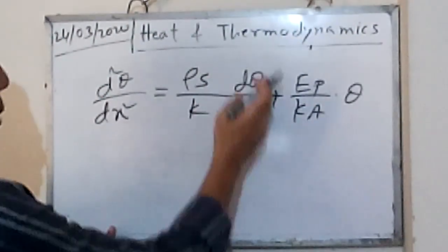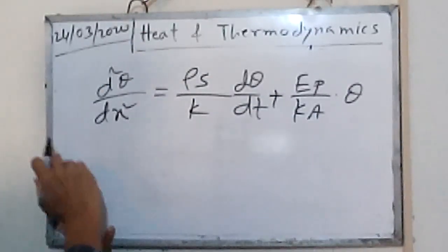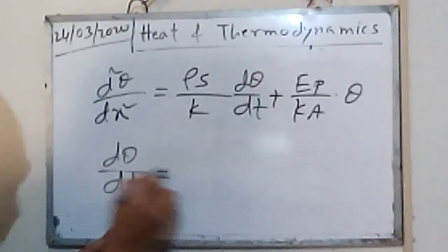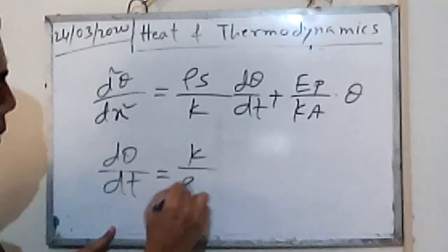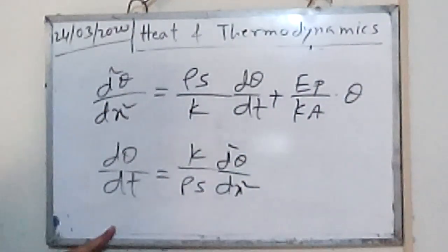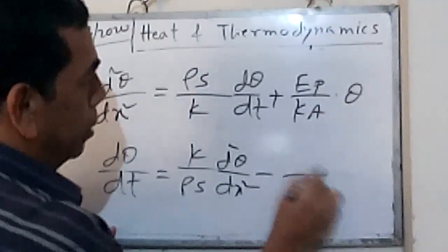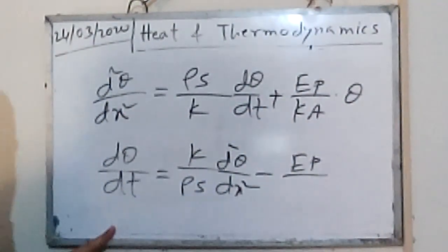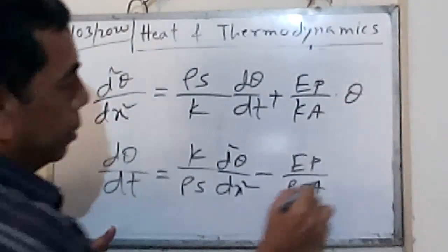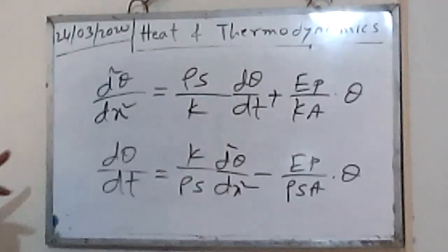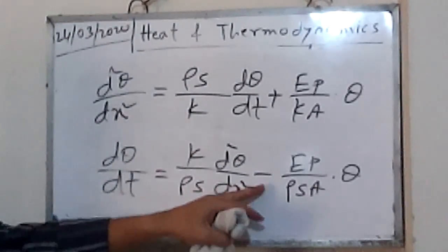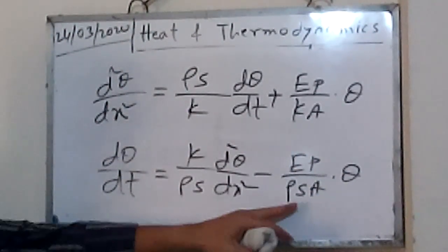Similarly, transferring these terms to the left side, you may also get d theta by dt equal to K by rho s d square theta by dx square minus E P by rho s A theta.